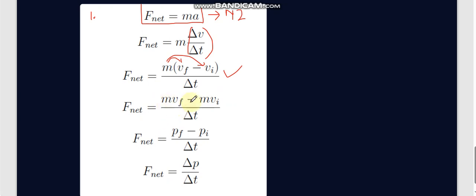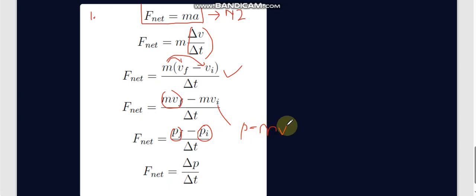And then from here, we now remember that mv, as we have said guys, denotes the momentum. Since this is mvf, that means this is going to be the final momentum. And this one, since it's mvi, means it's going to be the initial momentum.